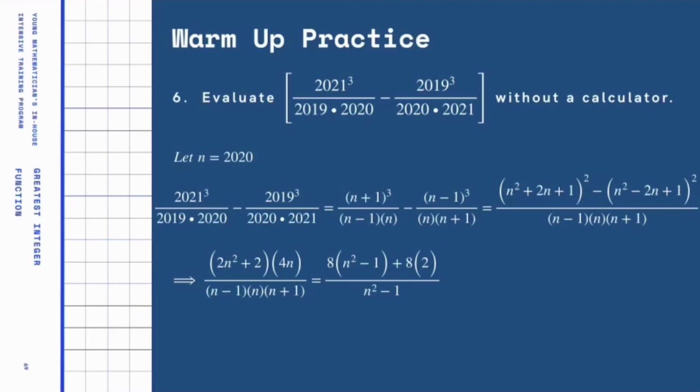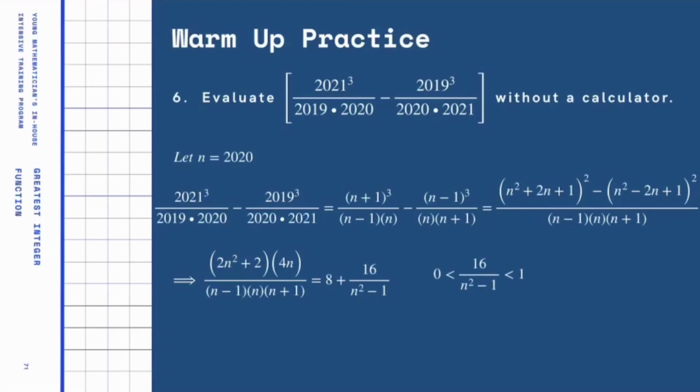And notice that 8 times n squared minus 1 over n squared minus 1 is just 8. So we have 8 plus 16 all over n squared minus 1. And what about 16 over n squared minus 1?